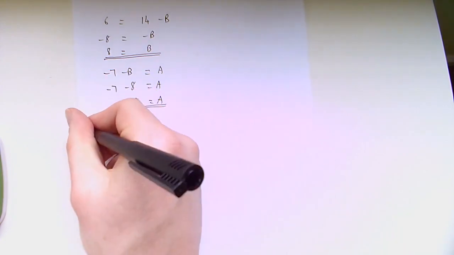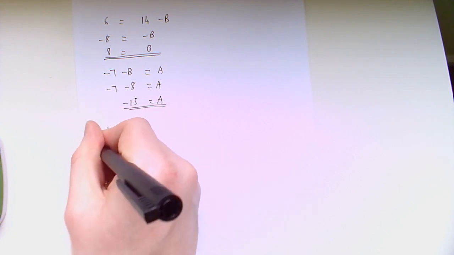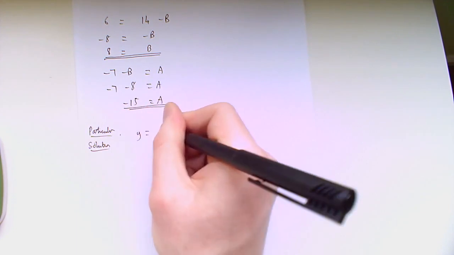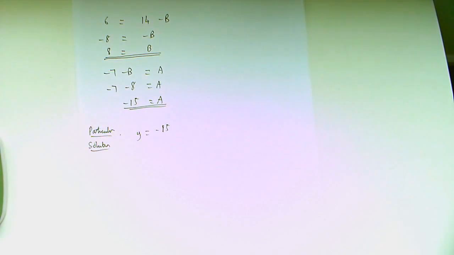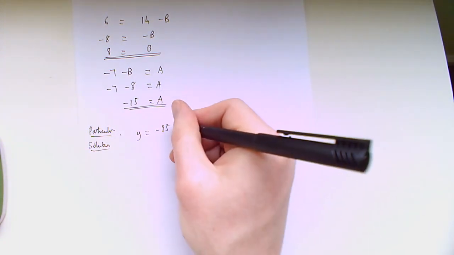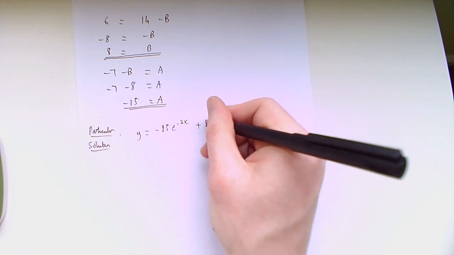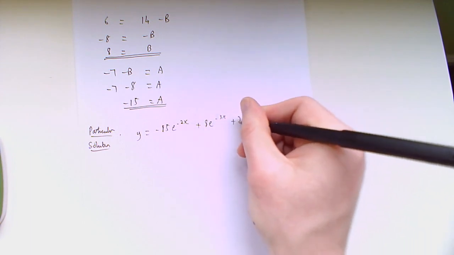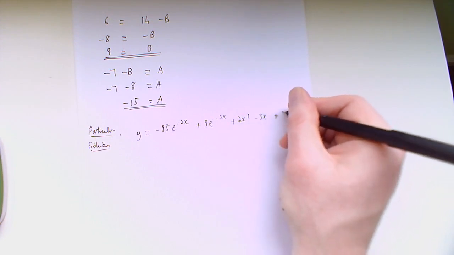So your particular solution is y equals negative 15 e to the power of negative 2x plus 8 e to the power of negative 3x plus 2x squared take away 3x plus 1.